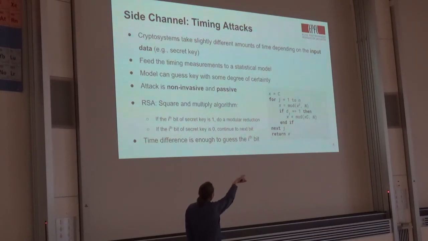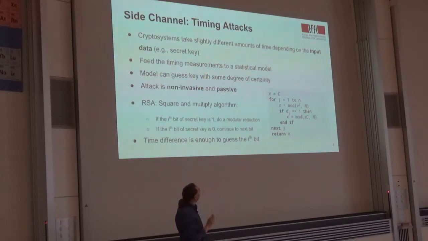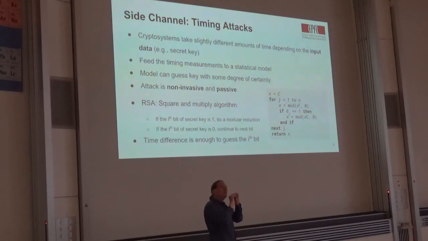You would move the x prime, say x prime equals mod xc comma n, outside of the if statement. And then you could stop there. You could just leave the if statement there and say, if d sub j equals 1, then x equals x prime. Right? You could just say, okay, I'm still going to have the if statement, but I'm going to do just a very small assignment statement there.